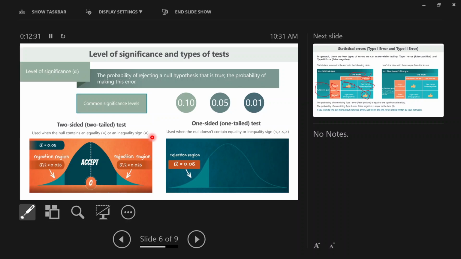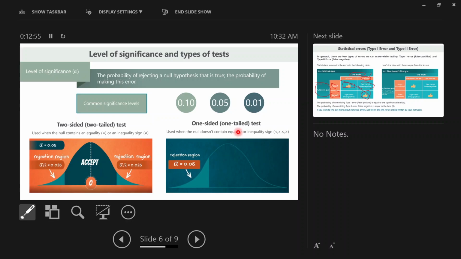When you have equal to and not equal to, just know that it is a two-sided test. In a two-sided test, our alpha we divide by 2. So we have the rejection regions here, the rejection region here. Here is the acceptance region.